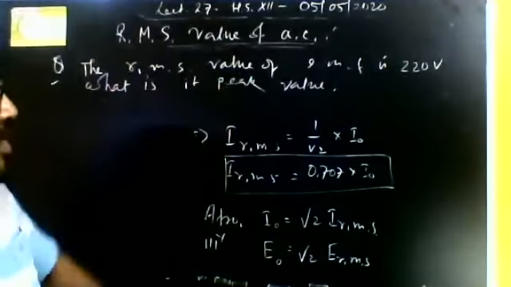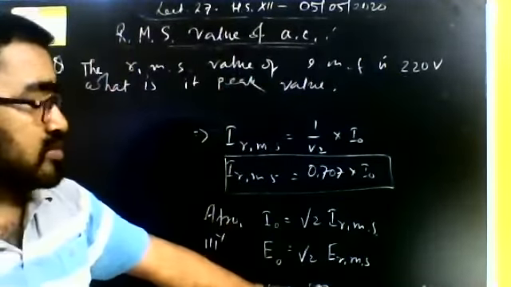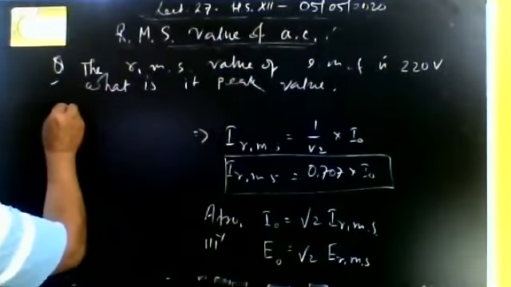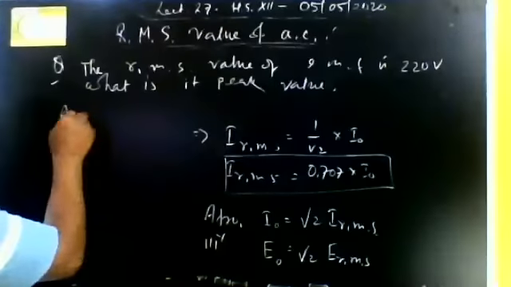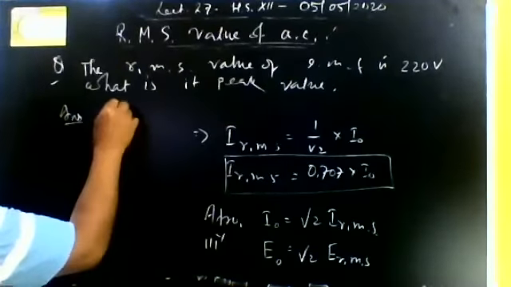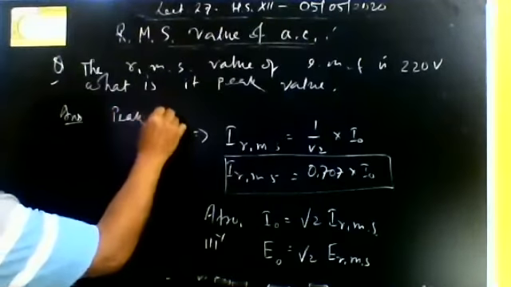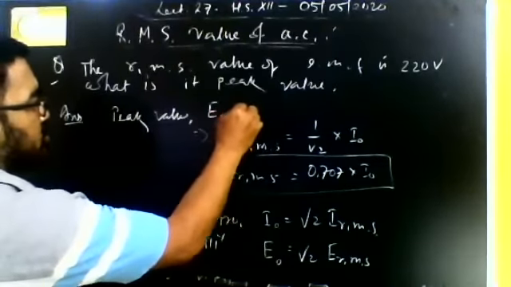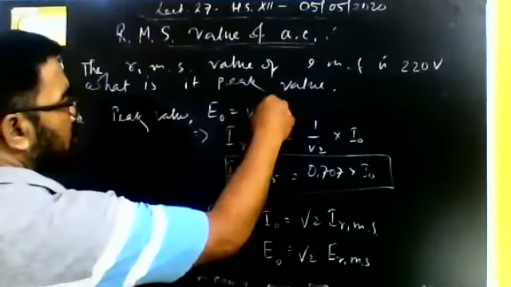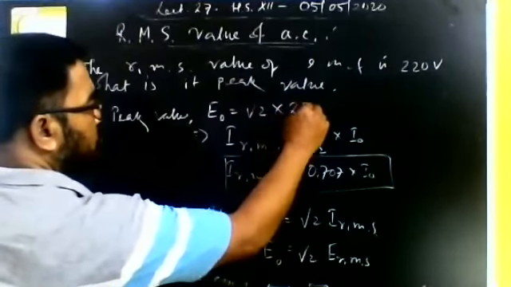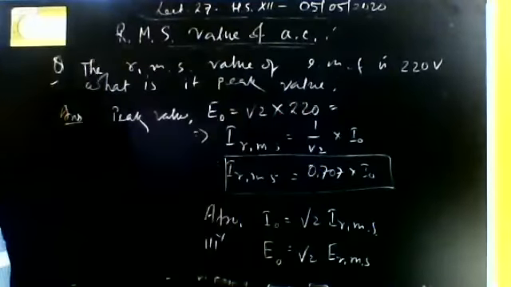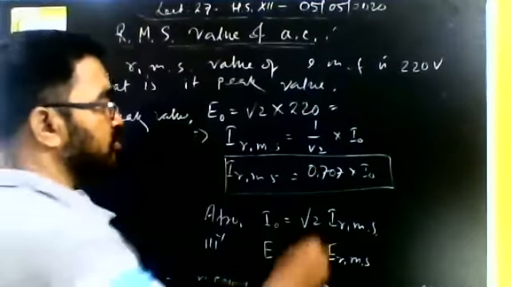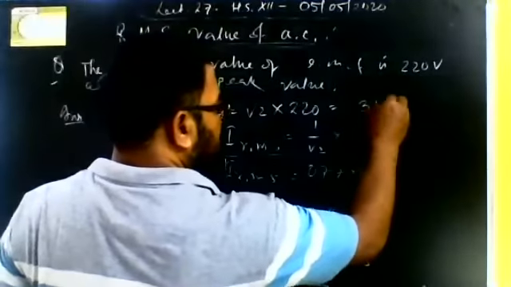So how do we get the peak value according to this relation? The solution: the peak value of EMF is given by this relation, E naught is equal to root 2 into 220. If you put the value of root 2 as 1.42 approximately, you will get approximately 310 volt.